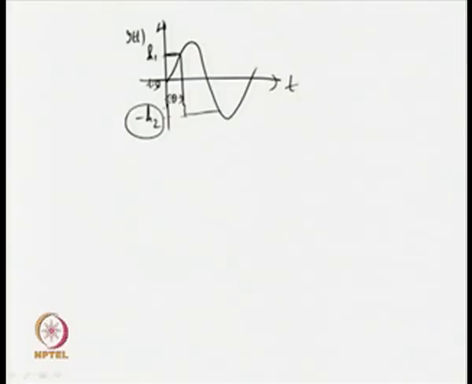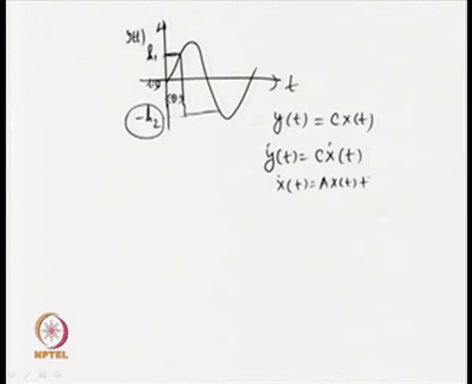This fact can be made use of to find the expression for the first derivative and second derivative of the output signal. The output signal is given by y(t) equal to C x(t). Thus, the first derivative of the output can be expressed as C x dot(t). Further, we know that x dot(t) is equal to A x(t) plus B u(t minus theta).